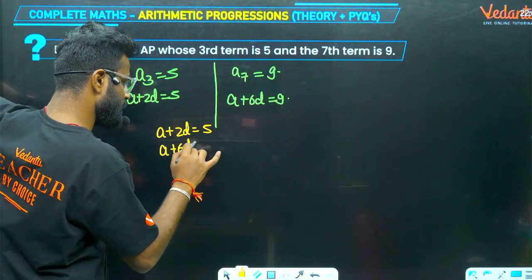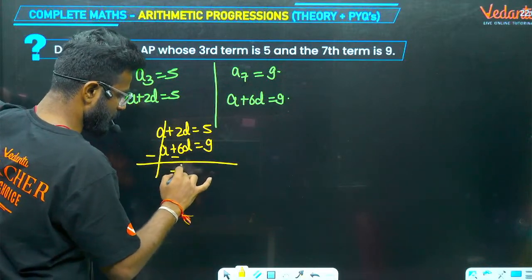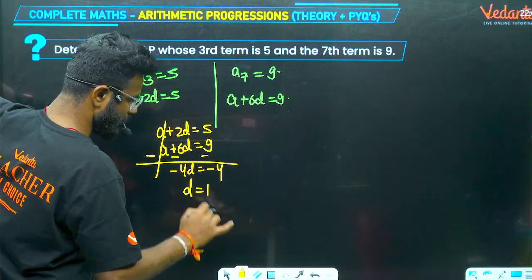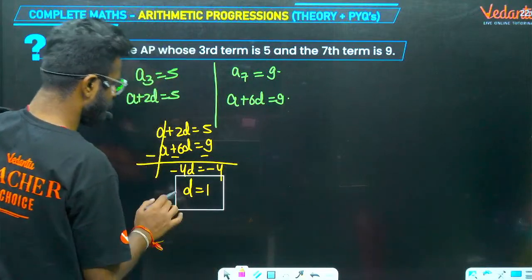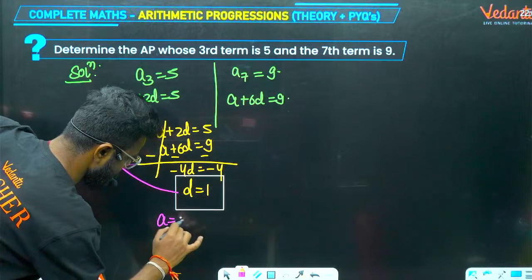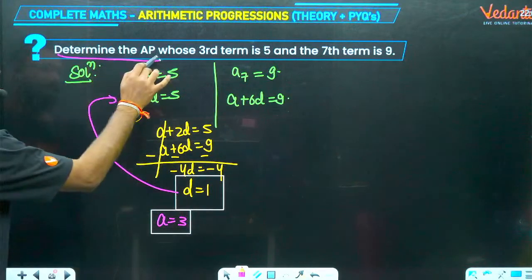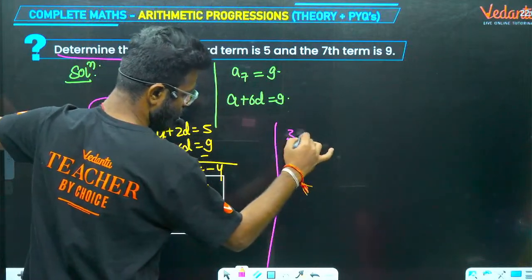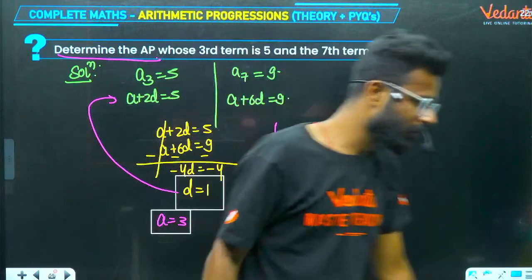A plus 6d is equal to 9. Cancel out. Minus 4d is equal to minus 4. So d is equal to 1. Put d in this equation. You can get a. A is 3. Then 3, plus 1 is 4, plus 1 is 5. This is the required AP.